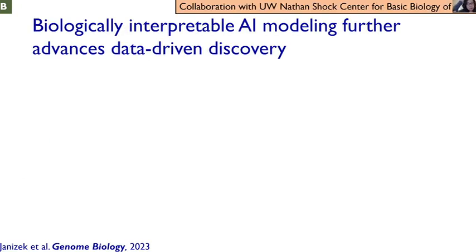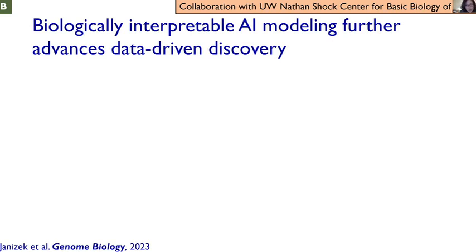Okay, so after we finished working on this, we started thinking further about how to make the best use of explainable AI when you have a gene expression data set as input.